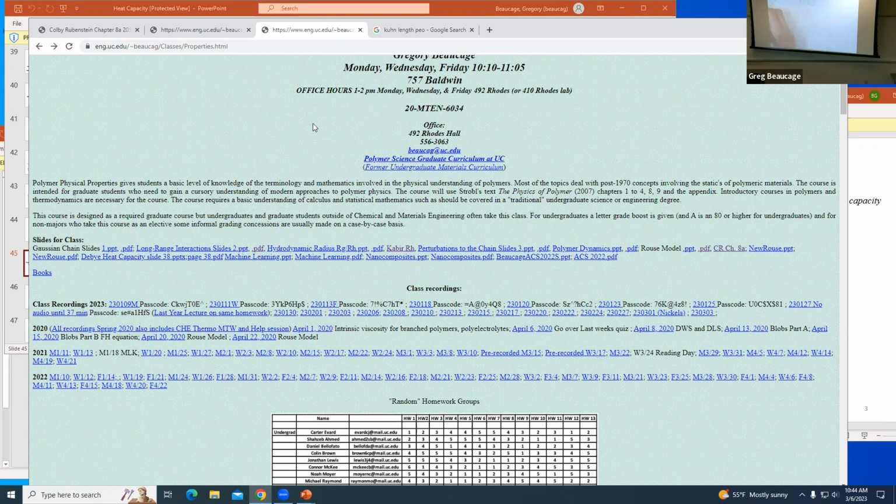Some viscosity, right? And then from that you can get the relaxation time, which is going to be the friction factor over the spring constant. From the NL squared thing, you get the spring constant, which is like 3kT over NL squared. So 1 over N for the spring constant.